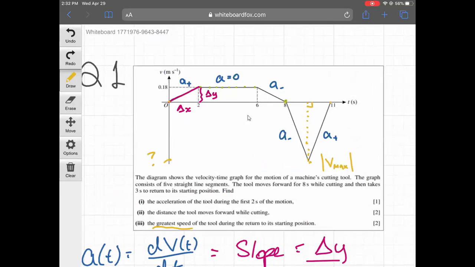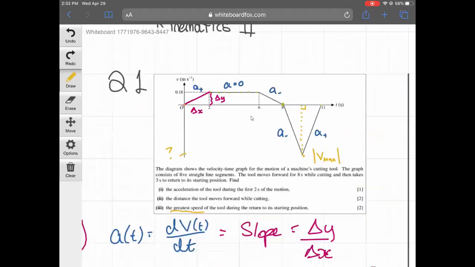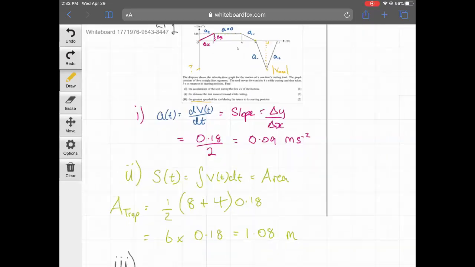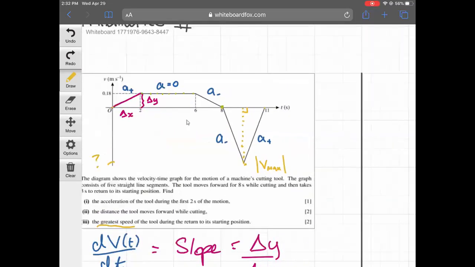So how could I possibly know what the area of this triangle has to be? Well, I just worked out the area of the trapezium in part 2. So if the tool has gone a total distance forwards of 1.08 meters, then it must be going backwards for all of that triangle, even though the slope goes up.